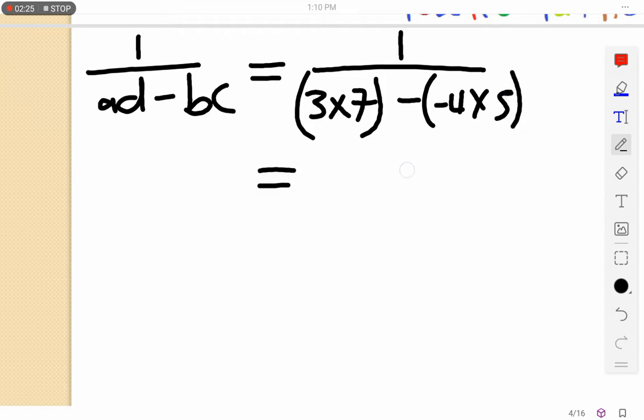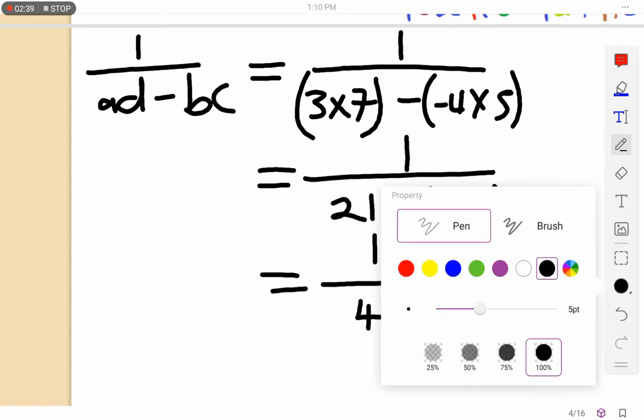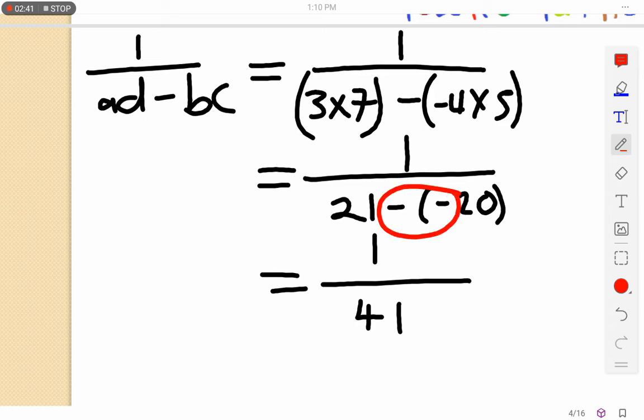Then if we simplify, we get 1 over 21 minus 20, and this is equal to 1 over 41. Okay, because our minus and minus here, we will get a plus. Okay, that's fine. So this becomes our determinant.